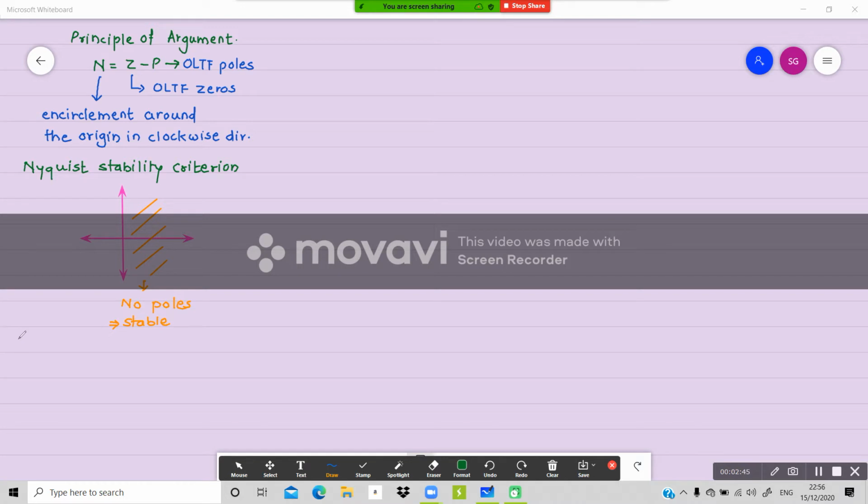Now that means, if you can recollect, I have told you this also: CLTF poles. From where are you going to get these poles? We'll get them from the characteristic equation. Correct? So the plot of these poles means what? The plot of OLTF zeros.